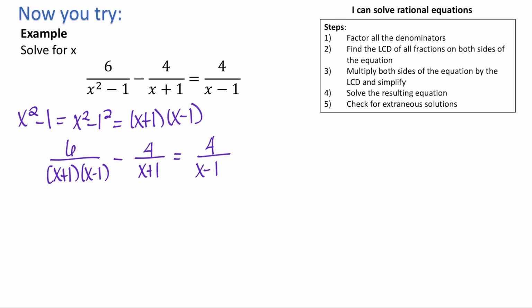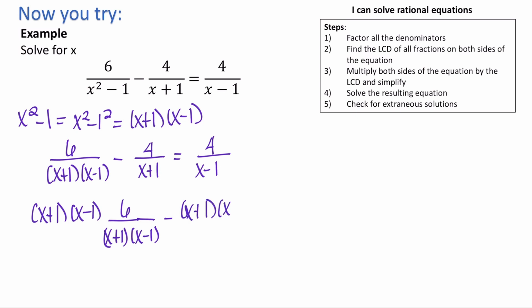So what we're going to do is multiply every single term in this equation by that LCD. So we have x plus 1 times x minus 1 times 6 over x plus 1 times x minus 1, and then minus x plus 1 times x minus 1 times 4 over x plus 1 equals x plus 1 times x minus 1 times 4 over x minus 1.